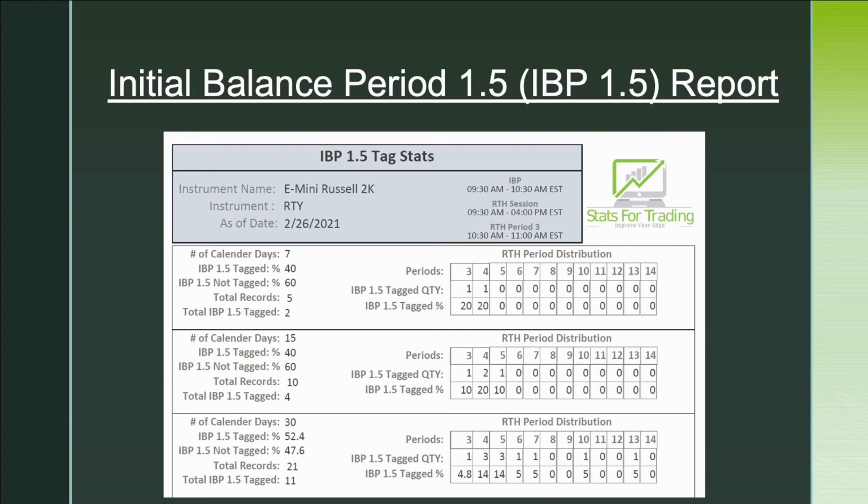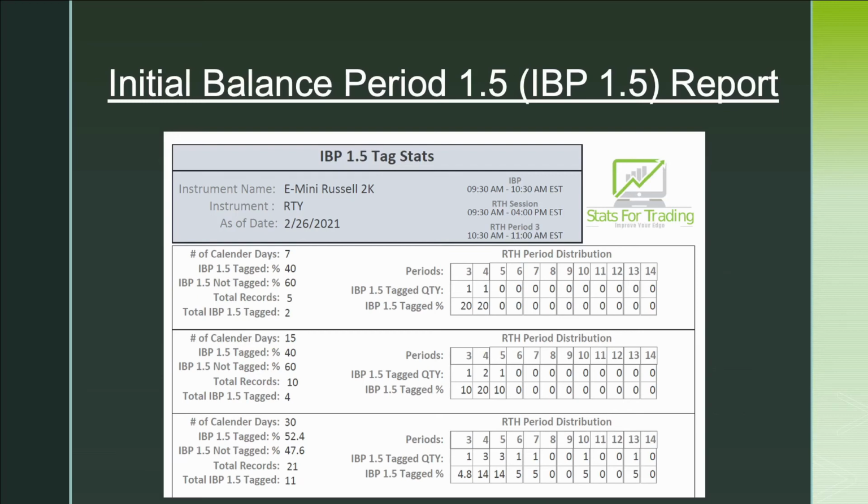Now, you might say, well, during this period of time, I'm not going to trade for these ranges on the Russell because they're not hit very often at all. In the past 30 days of this report, it's 52% of the time. So that's basically random. You could flip a coin.